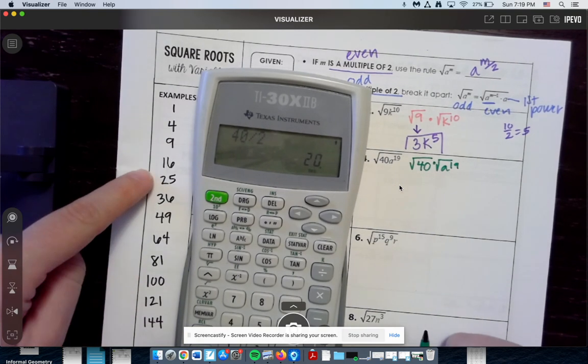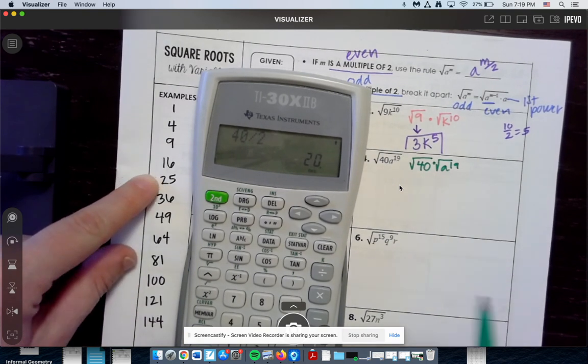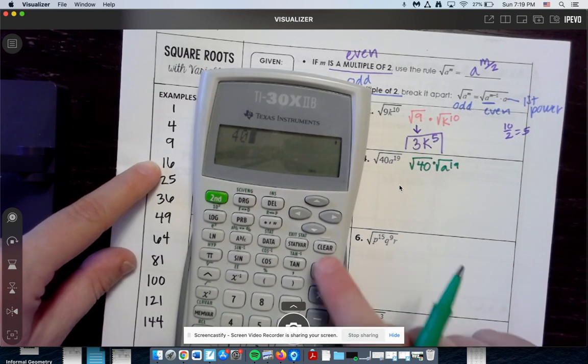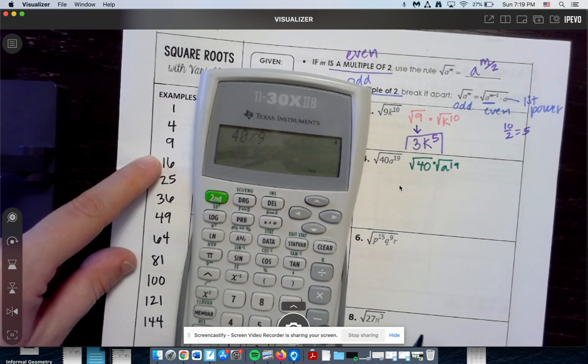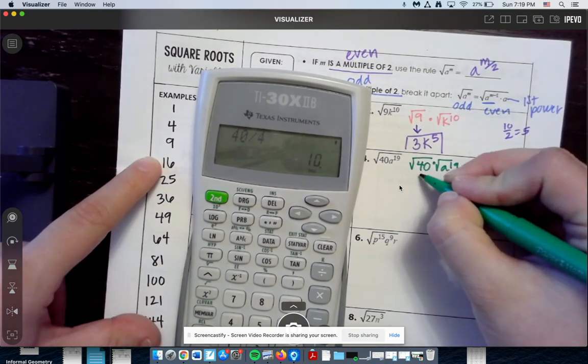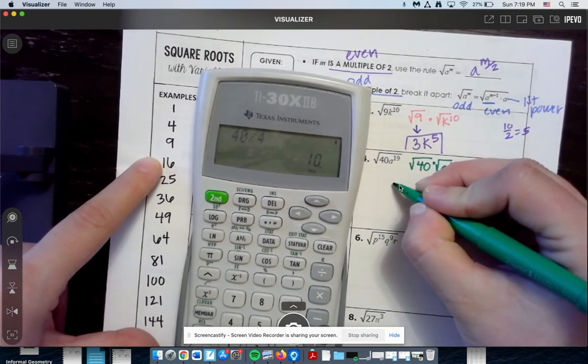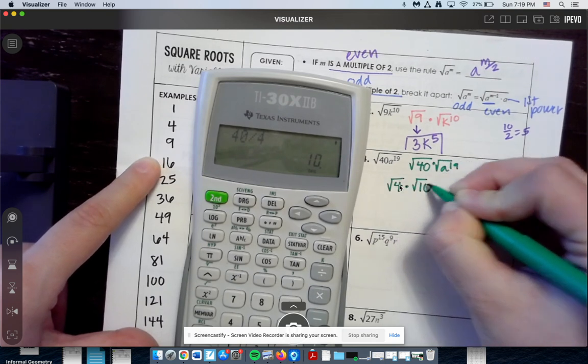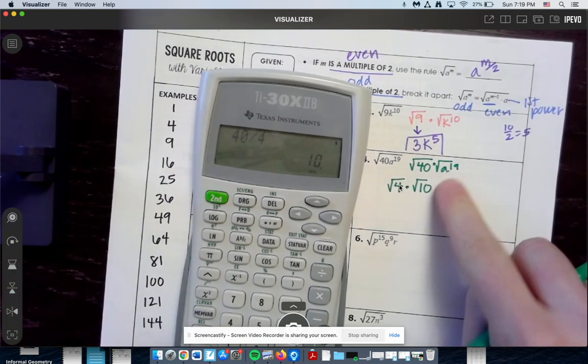It falls between 16 and 25. So let's try 16. 40 divided by 16, 2.5. 40 divided by 9, a decimal. 40 divided by 4 is 10. So now we can rewrite the square root of 40 as the square root of 4 times the square root of 10. Okay, now we've got to figure out this a business.